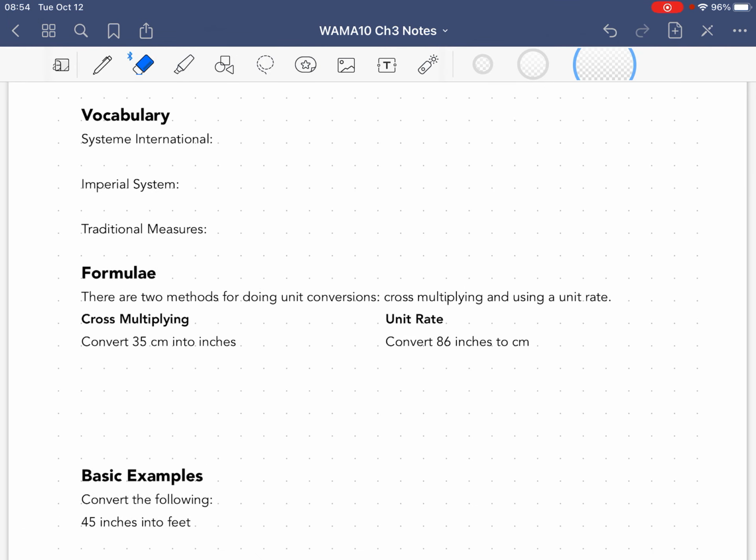All right, so vocabulary. System International is also known as the SI, and it's also known as the metric system.